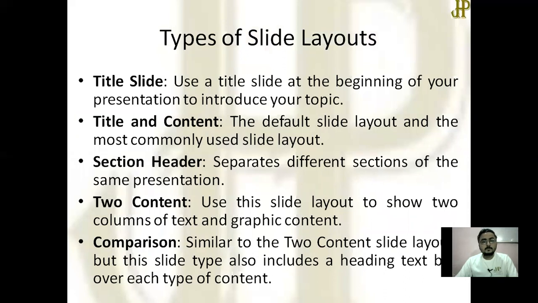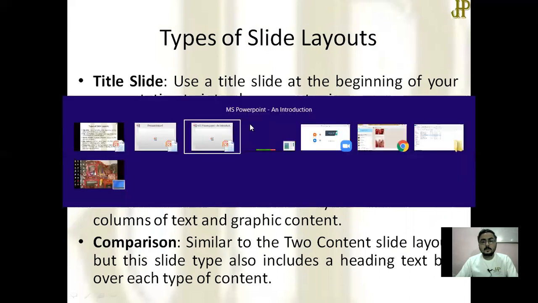So the types of slide layouts are, first, title slide. Use a title slide at the beginning of your presentation to introduce your topic. Afterwards, the default slide layout we commonly use is title and content, as I am using over here.